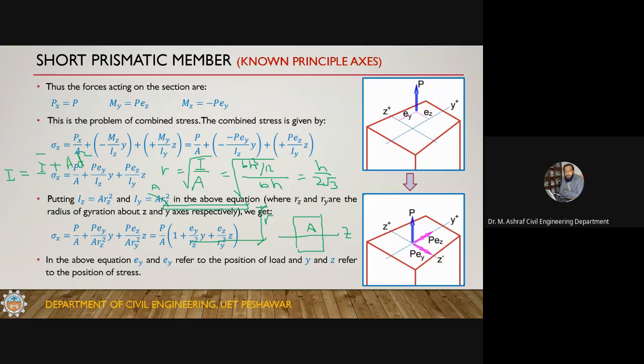If you apply it to this case, since this is a strip whose vertical dimension is approaching 0, B H cube by 12 is almost equal to 0, because H is very small.